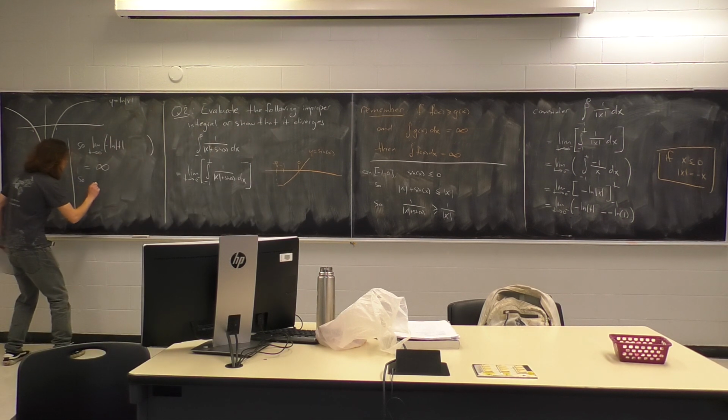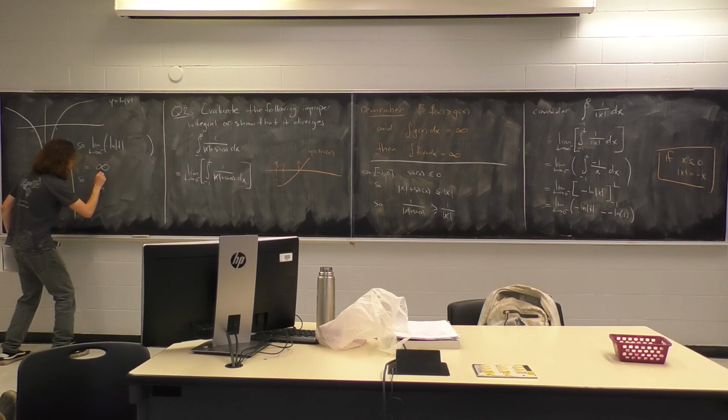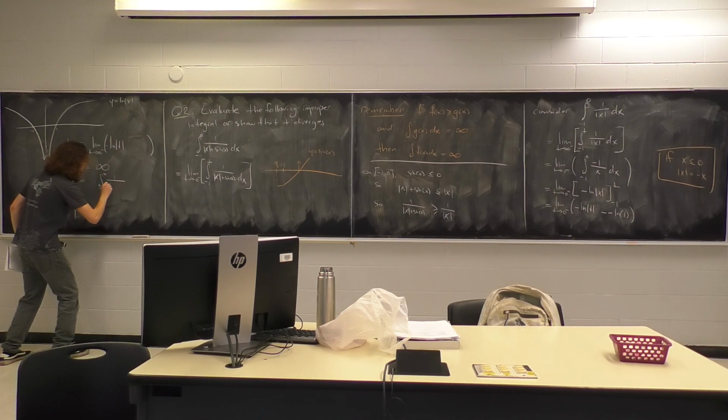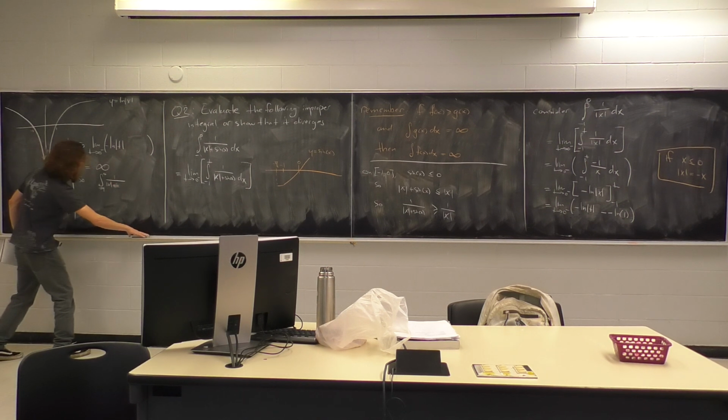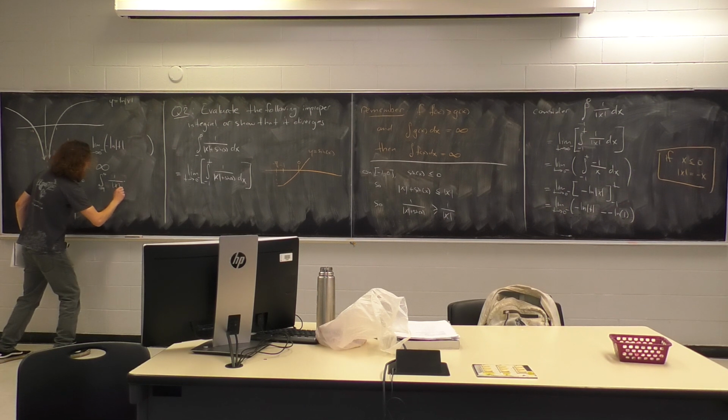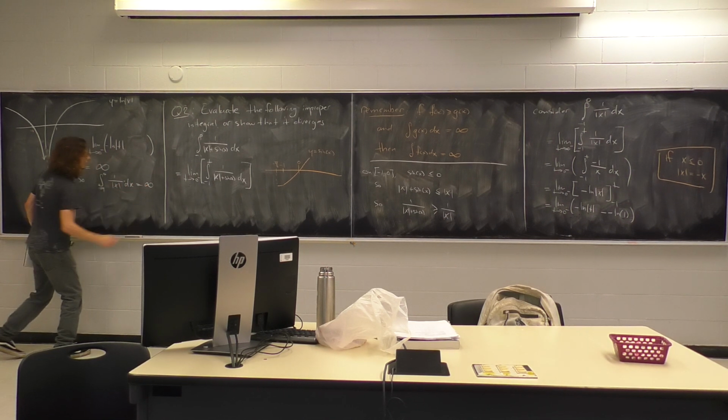So let me write that down. So the improper integral from minus 1 to 0 of 1 over absolute value of x diverges to infinity.